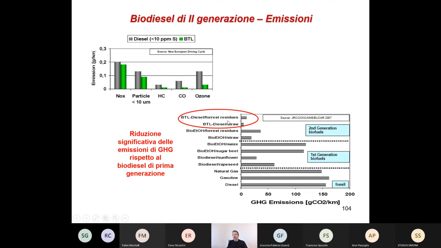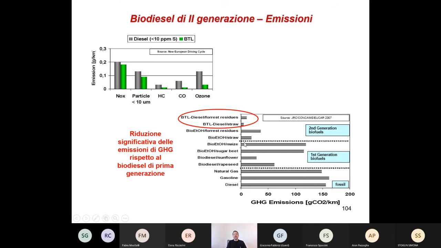Second generation biodiesel from straw has the lowest emissions, also from forest residues, and also bioethanol from straw. These are the more promising pathways from the point of view of greenhouse gas emissions.